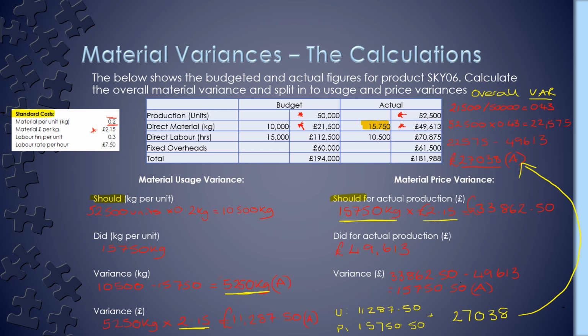We should have paid £2.15, and therefore we should have spent that much, but we actually paid 49,613, which gave us our 15,750 and 50p adverse variance. Then when you put those two figures together, it brings you back to your 27,038, therefore proving that your price overall was right up here.